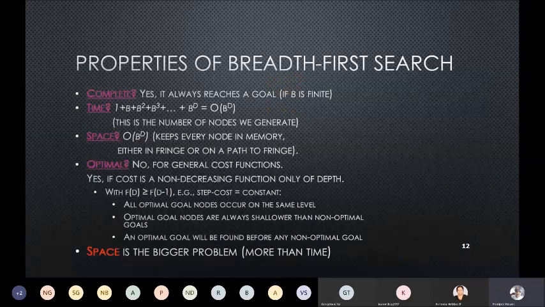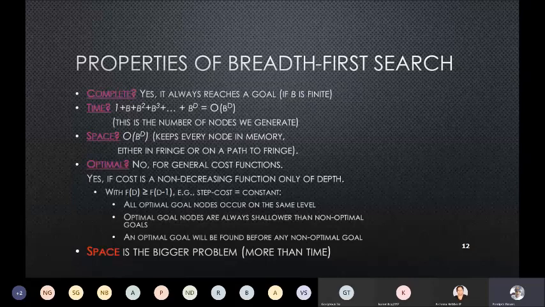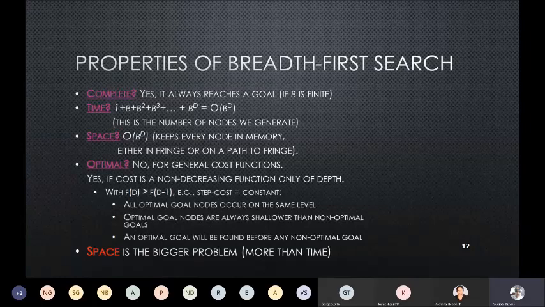So on the first level, I have to visit b nodes, and each of these b nodes, at most, will have another b nodes. So that will be b square, plus b cube, and d is termed as the depth of the tree. And the total complexity will be a function of b to the power d.